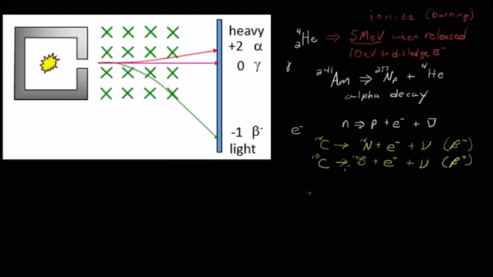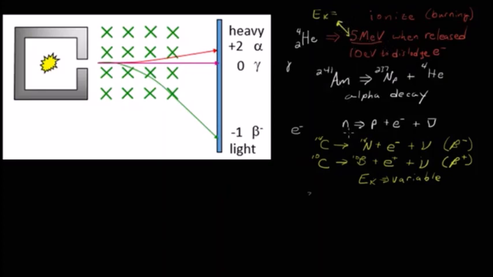But what they noticed was that these electrons, or anti-electrons, came off with different energy. Kinetic energy was variable, whereas the energy for the alpha particles was always 5 mega electron volts.